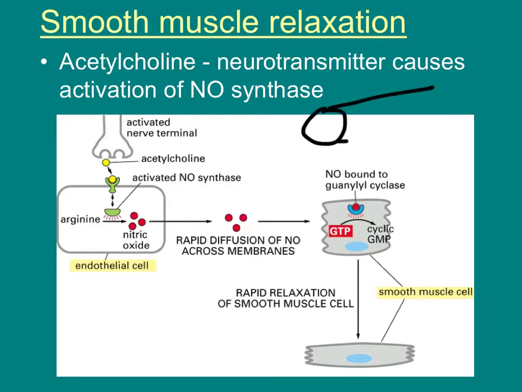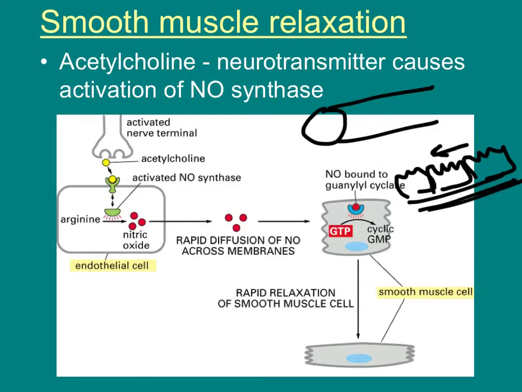All of this is made out of cells, side by side, connected by junctions, etc. And inside, this side is where the blood is flowing. And then you have smooth muscle on the outside of this.